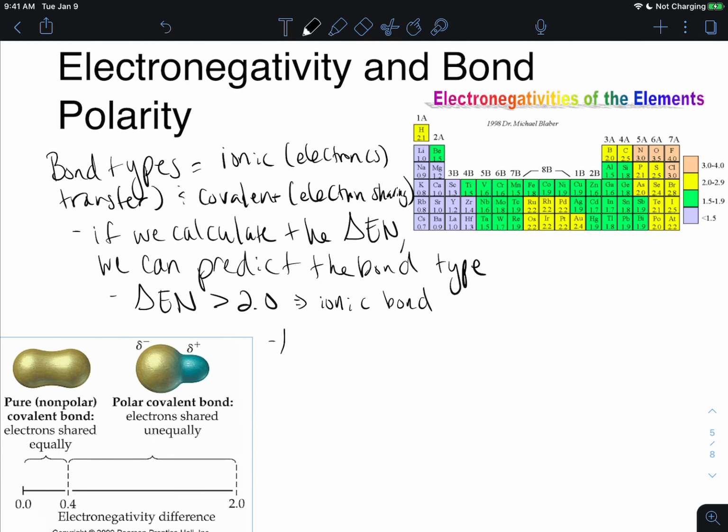So if we have an electronegativity difference between 0.4 to 2.0, we have a polar covalent bond.